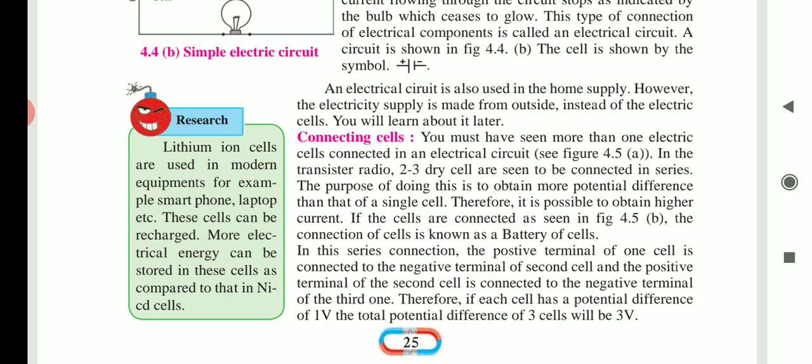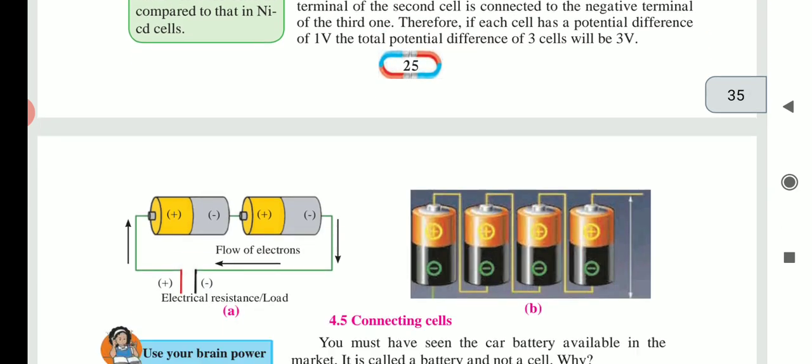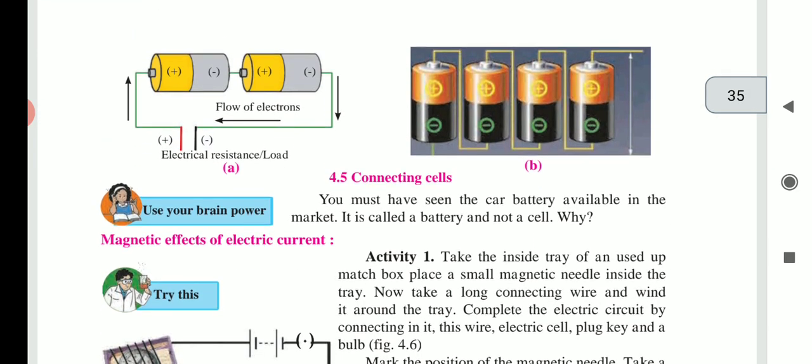Therefore, if each cell has a potential difference of 1 volt, then when we connect 3 cells the total potential difference will be 3 volts, and when we connect 4 cells, the total potential difference will be 4 volts.